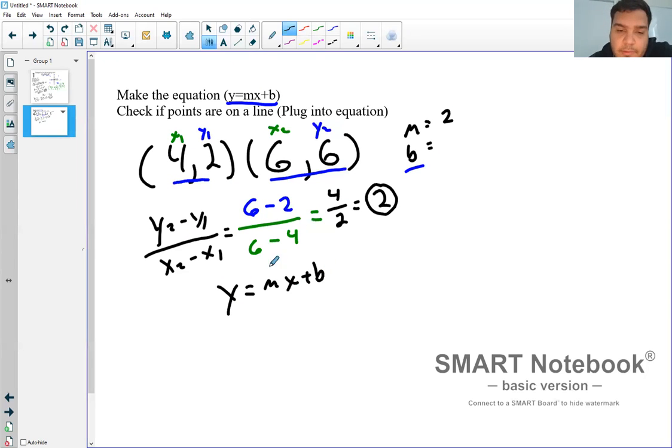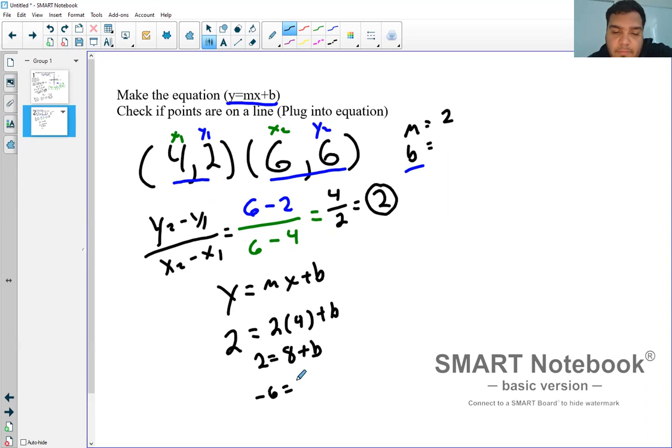Y in this case is 2 equals the 2 I found, times the 4 over here, plus b. 2 times 4 is 8. Minus 8 on both sides, -6. So -6 is my b.